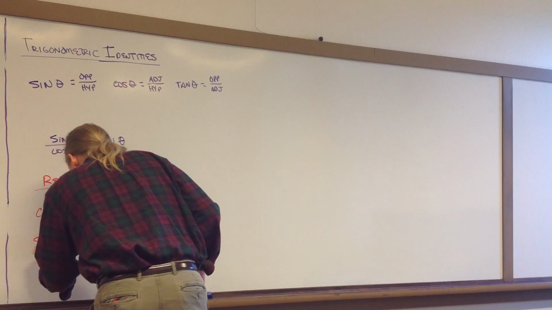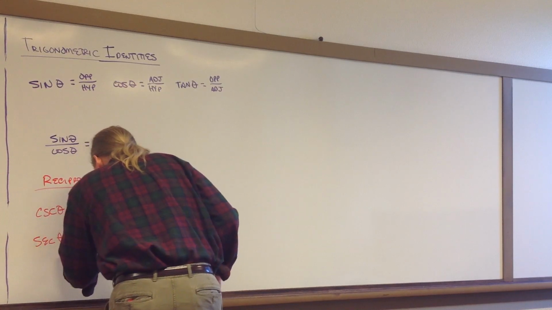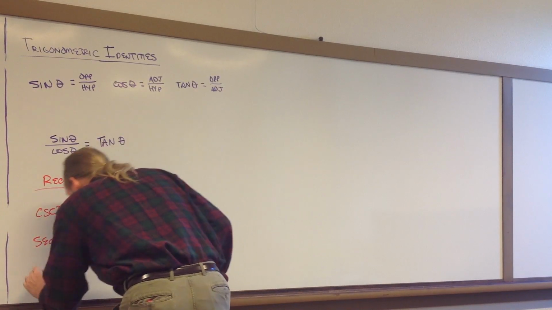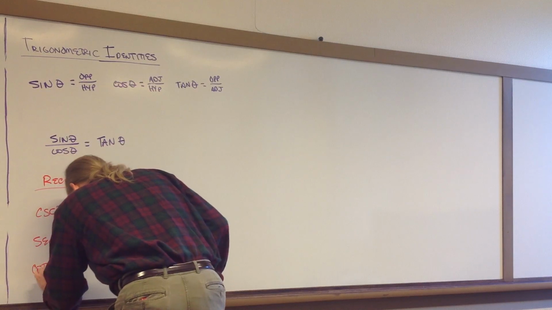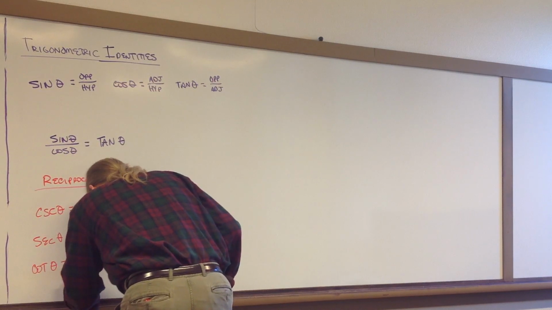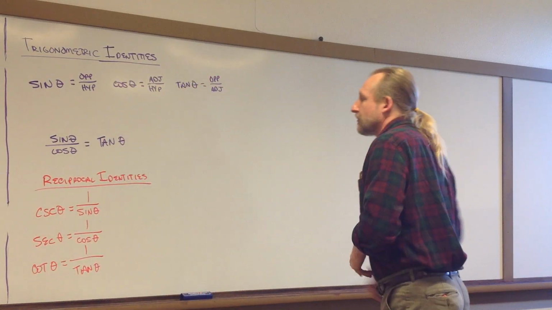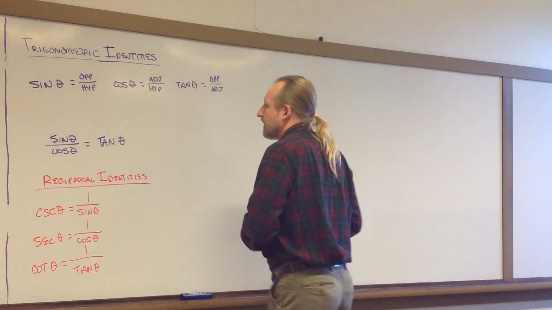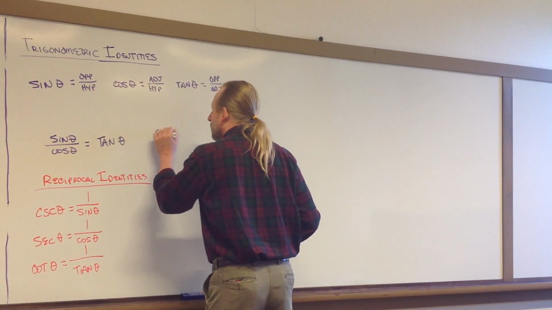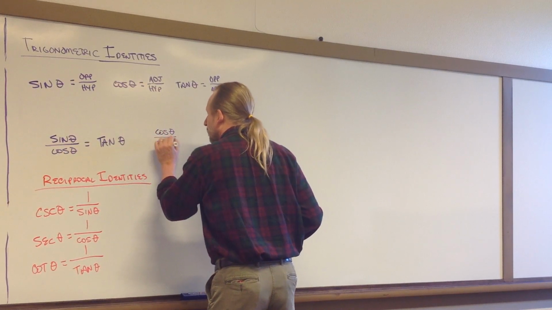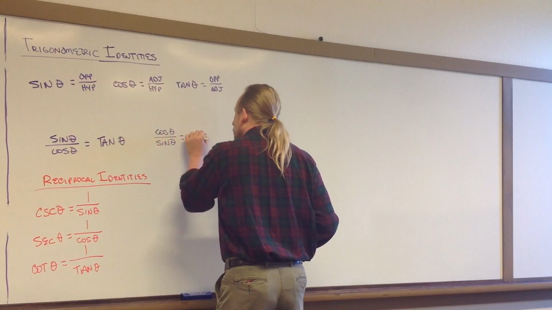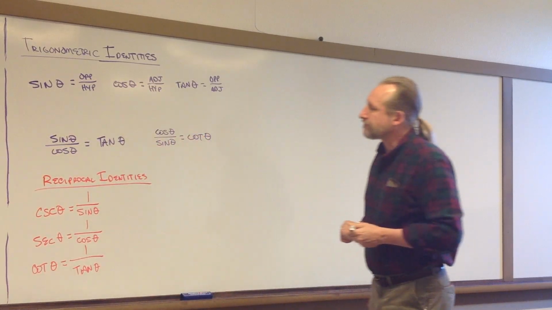The secant is the reciprocal of the cosine function. And the cotangent is the reciprocal of the tangent. And so as a result, we can add here that cosine over sine is equal to cotangent.